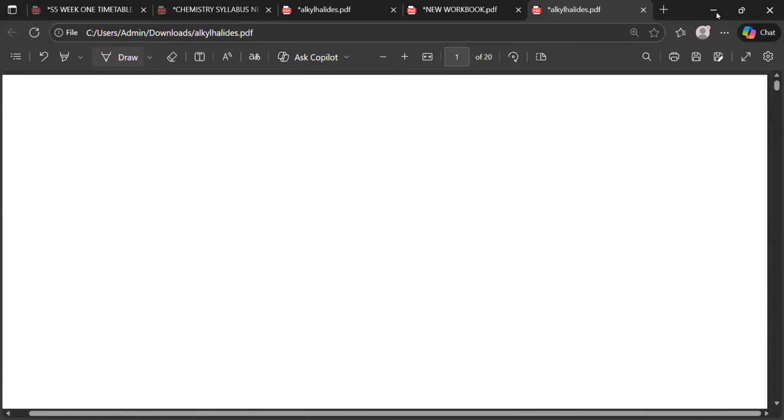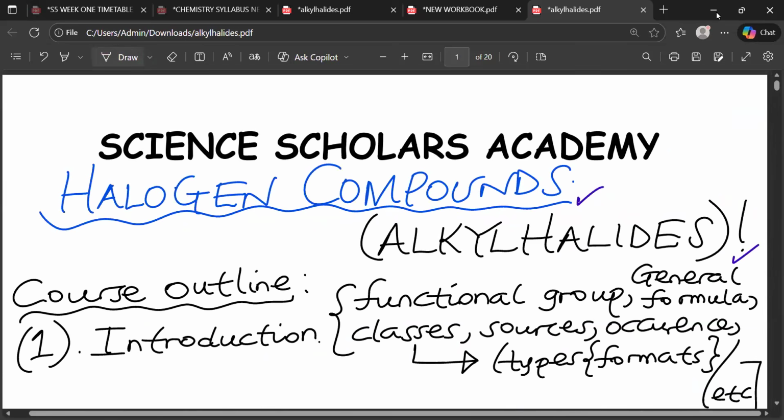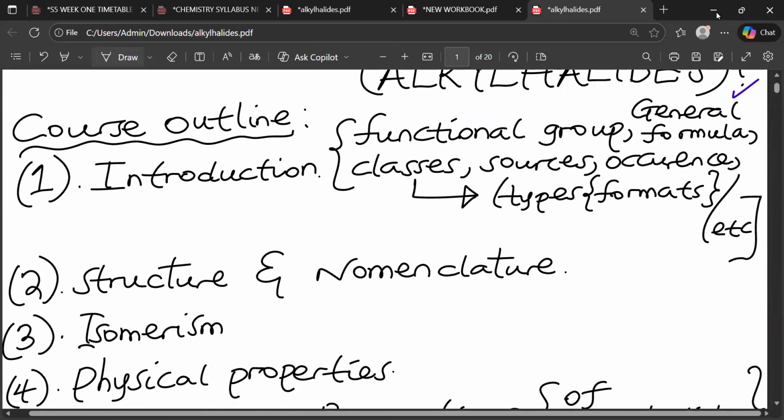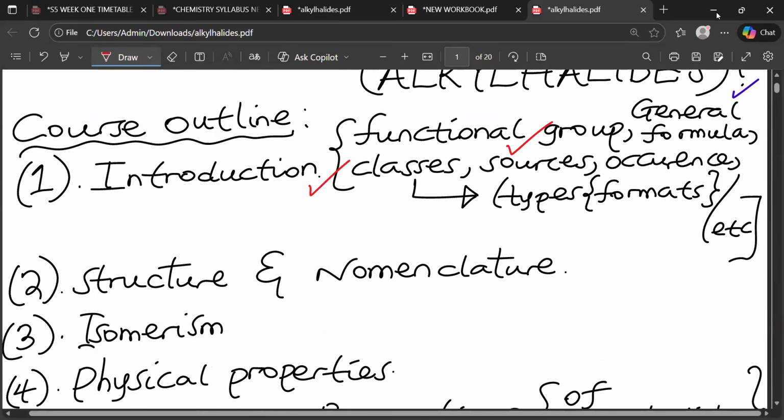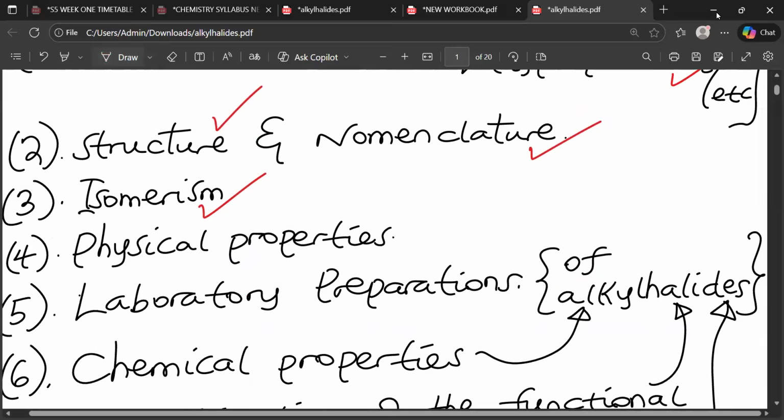Lastly, we always stick to our targets. Things concerning the introduction, we are done. Functional group covered general formula, classes, sources, occurrences, and formats. All those things have been talked about. Structure, nomenclature, isomerism I've talked about.